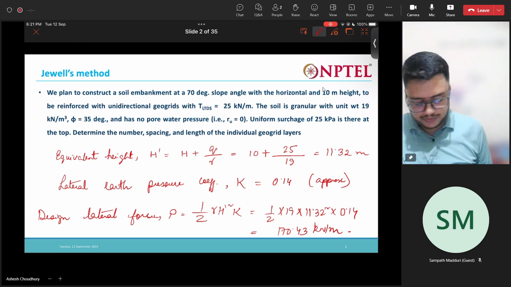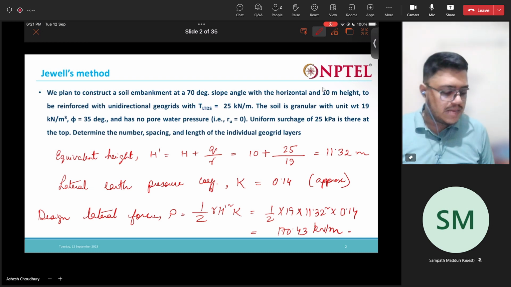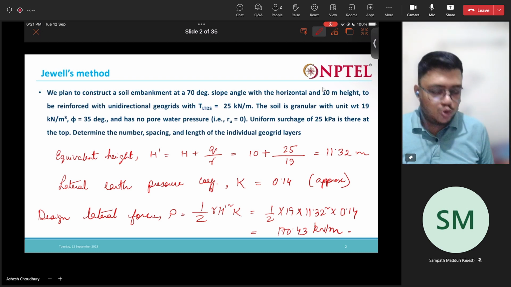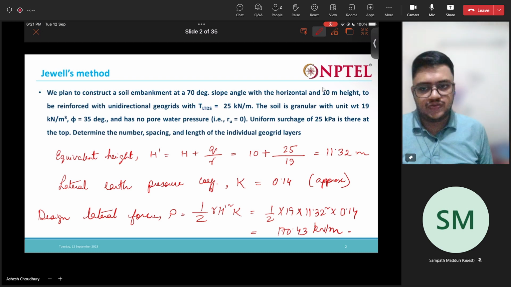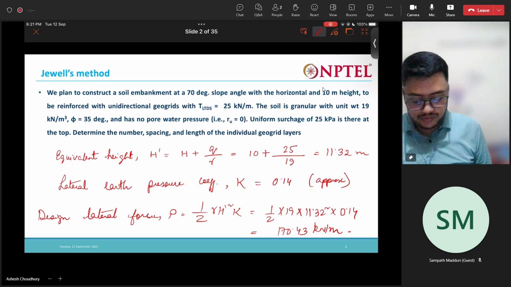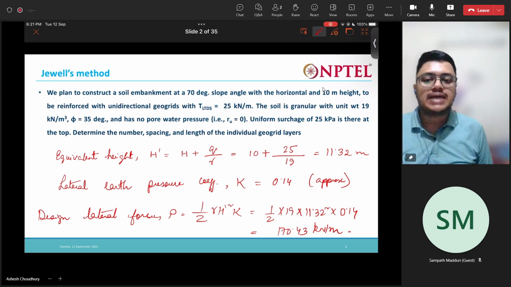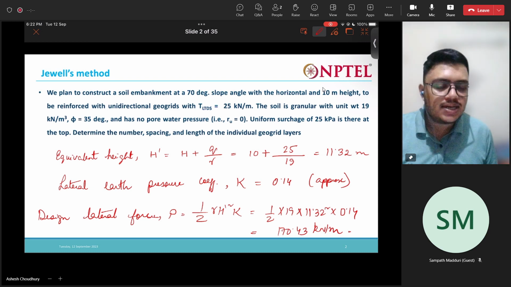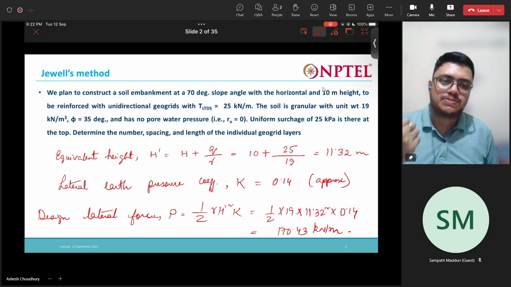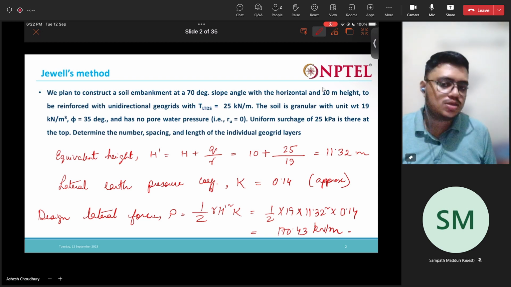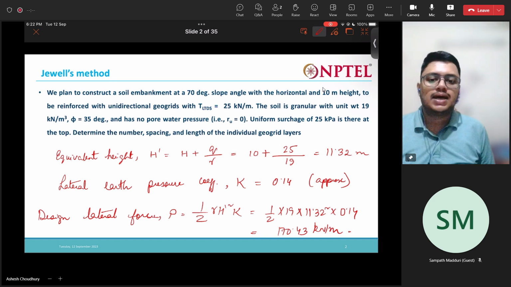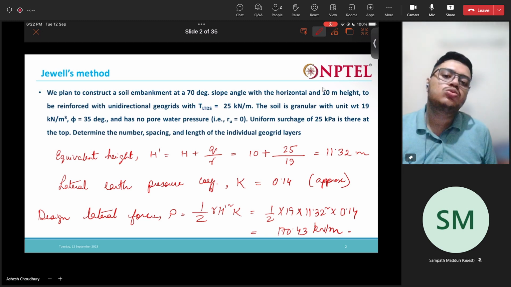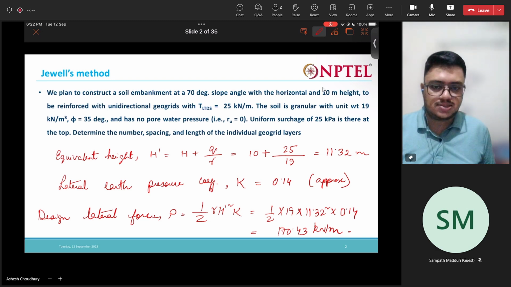Now we will determine the minimum number of layers. We have the design tensile strength of each geogrid. If we divide this design lateral force by this design strength, we will get the minimum number of layers that we have to use to get a stable structure.